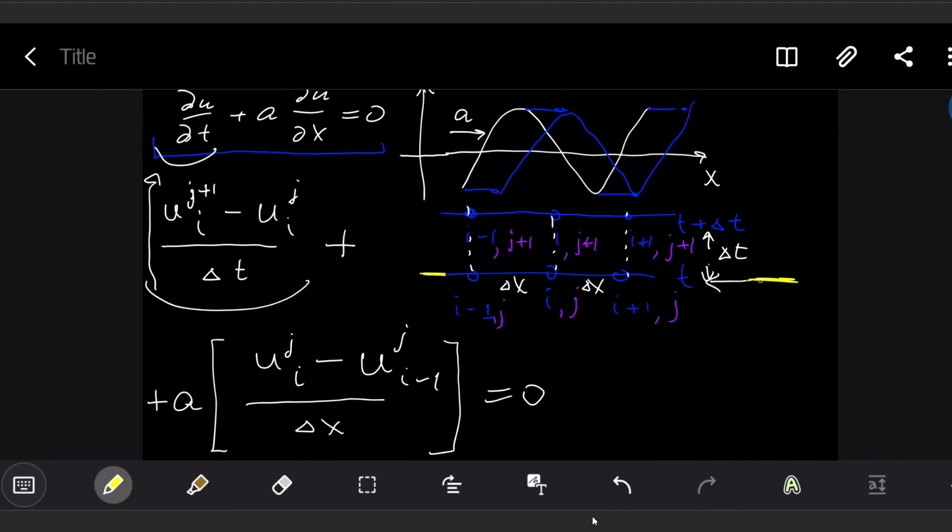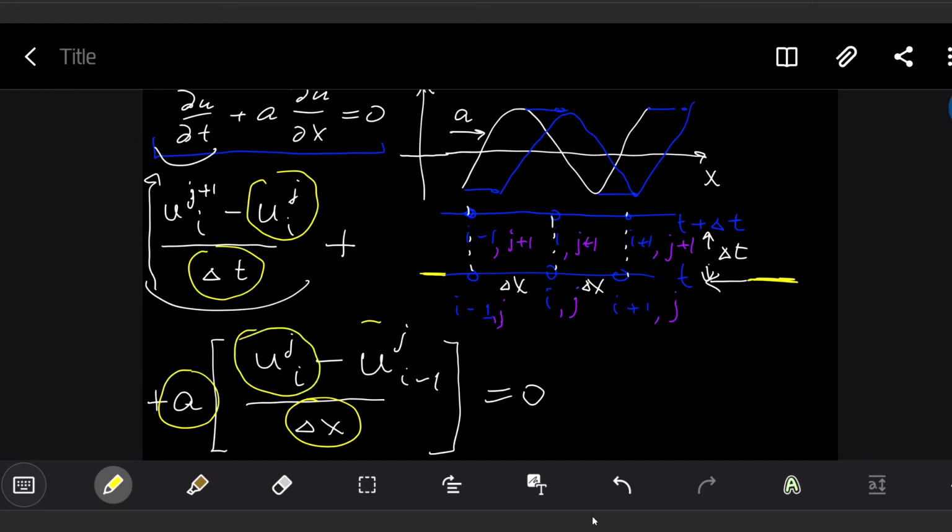This constant, the speed of the wave, we also know. This is the time step, we know. This parameter on the old time layer, and this parameter on the old time layer, we know. So the only unknown here is the value of the function on the new time layer. Actually, this is how we calculate step by step on the new time layer.